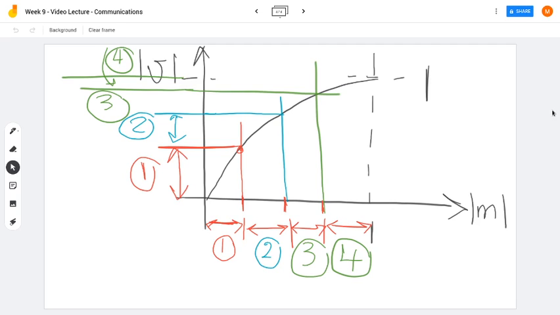Now, if this kind of output, the compressed output, is applied to a uniform quantizer, so we have uniform steps, like this one, the ones in orange. Let me draw it in orange. So in this case, as you can see, the first range will have more levels than the second range, than the third, than the fourth range.